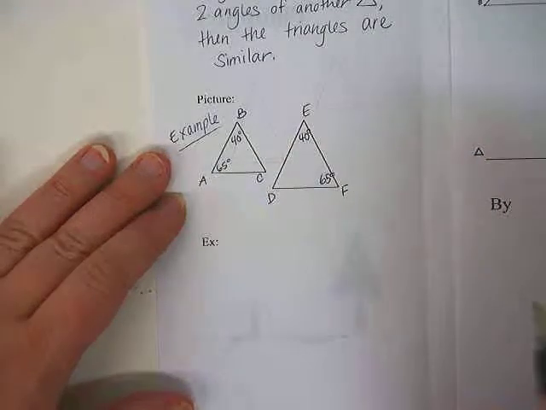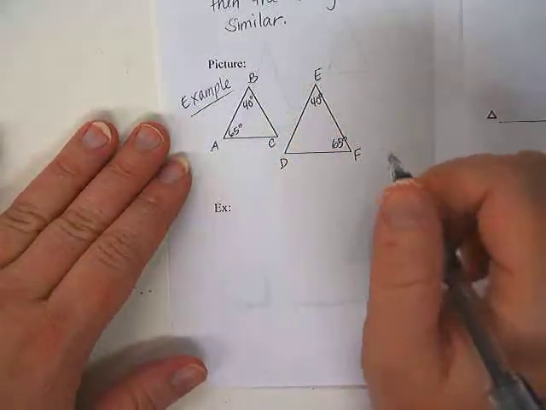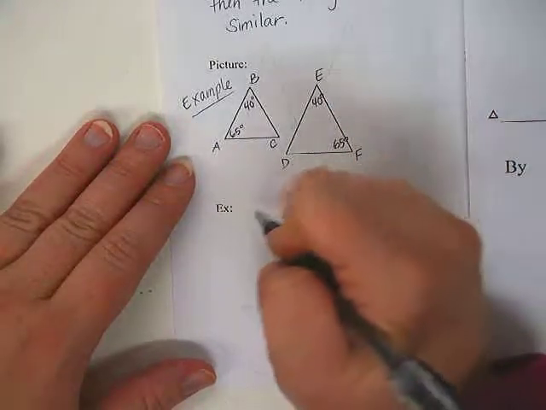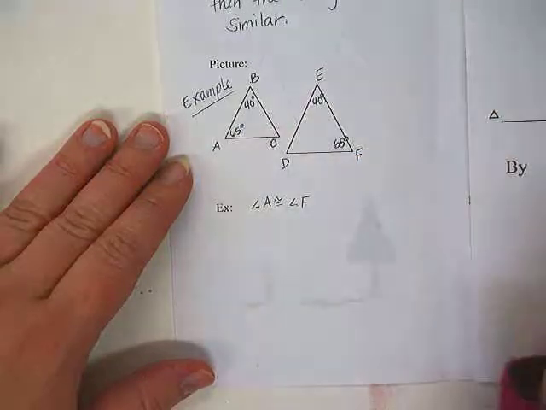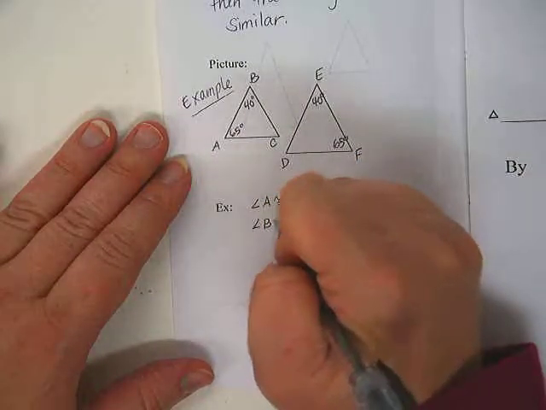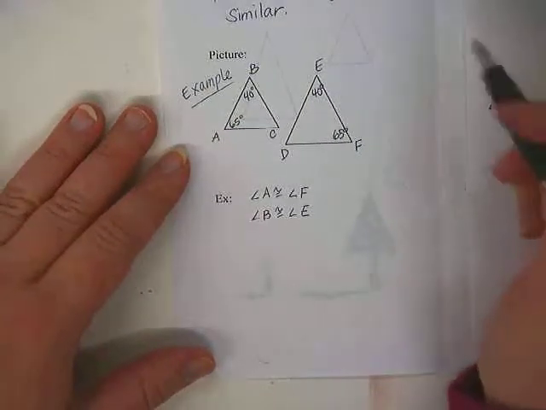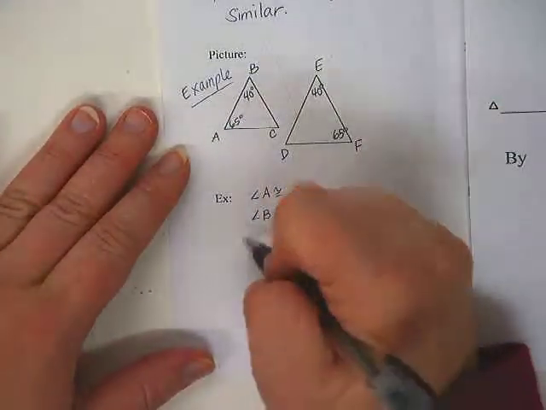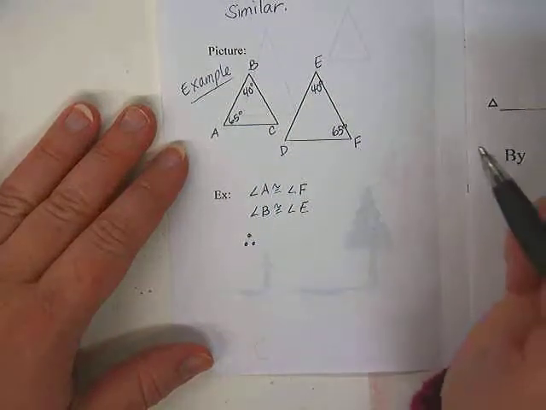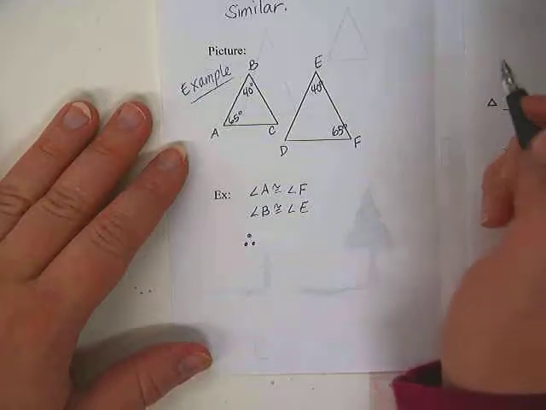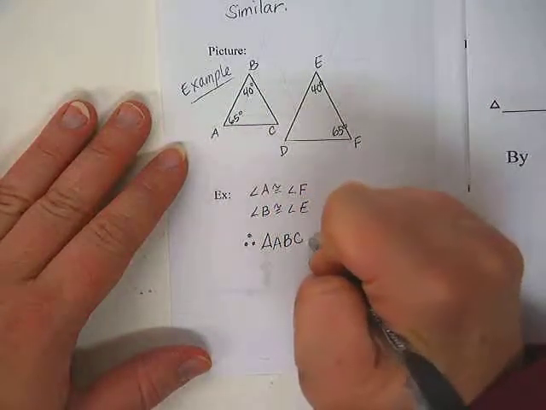I'm going to label these A, B, C, D, E, F. To show our work on this problem, we would say angle A is congruent to angle F, and angle B is congruent to angle E. Therefore, we have two angles congruent. This little triangle of dots means therefore. If you want to use it, you can. You don't have to.